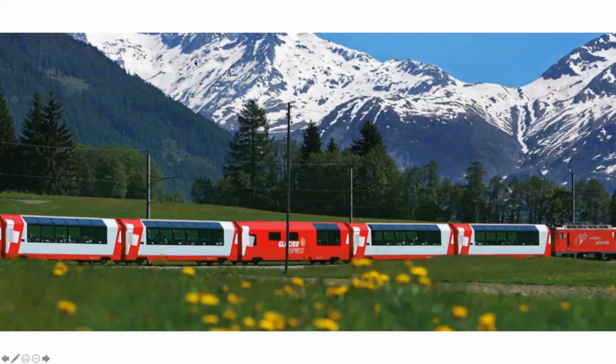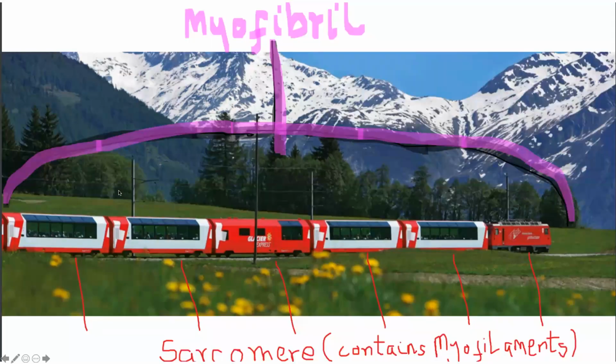So let's look at a little train in the Swiss Alps. Now one individual coach of a train is something we will consider as sarcomere. Inside the sarcomere, there are a few seats.